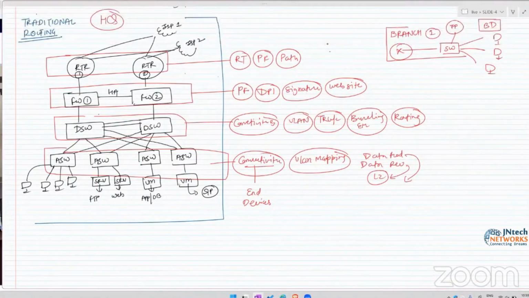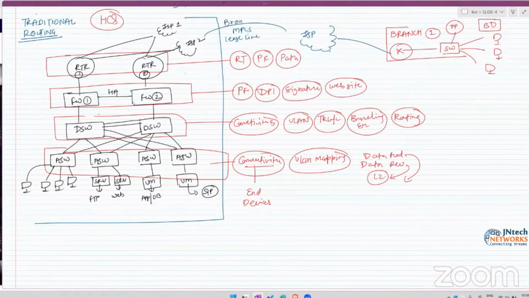In traditional routing, this branch is connected with an ISP, and the ISP will provide connectivity, some MPLS connection, some leased line connection, some broadband connection you can also use. So this one is connectivity. Sometimes we are getting point-to-point connectivity.